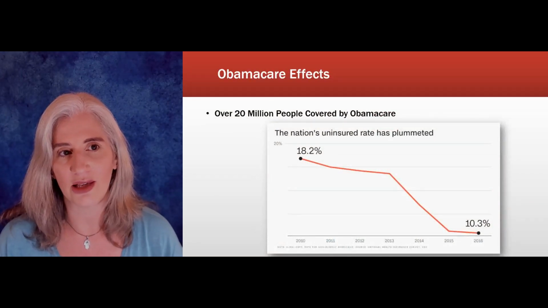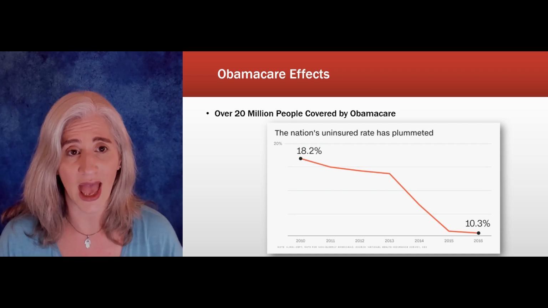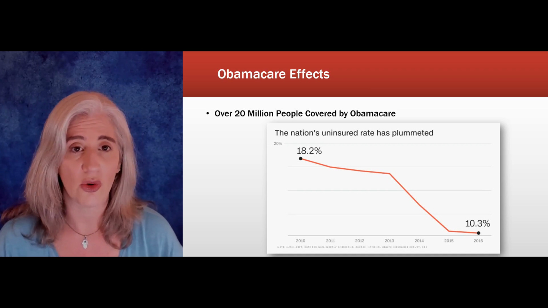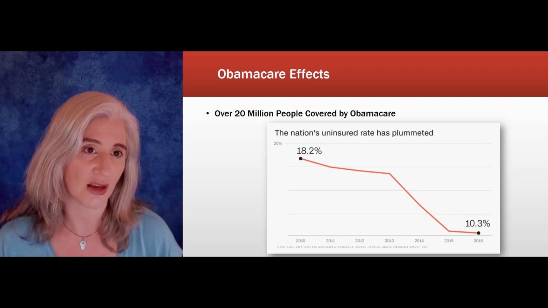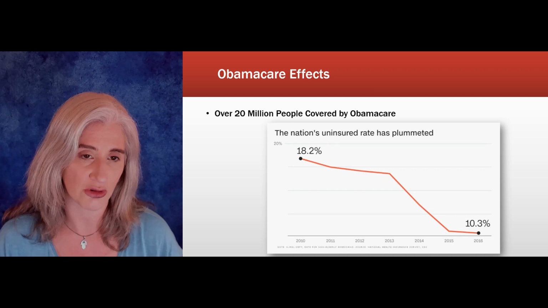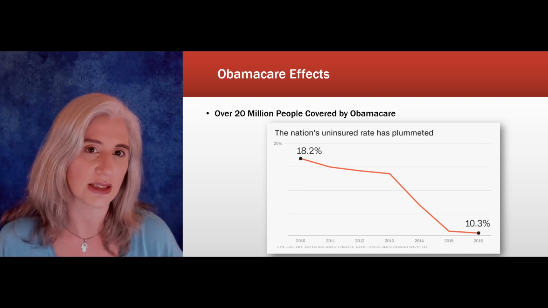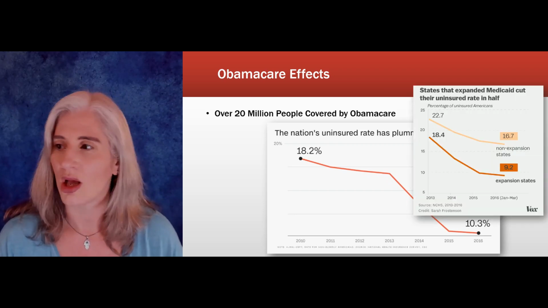One of the things that we can look at is that Obamacare was incredibly effective at reducing the number of uninsured. So you go from, in 2010, almost 18% of the population being uninsured, to by 2016, right around 10%. And that's hugely important.